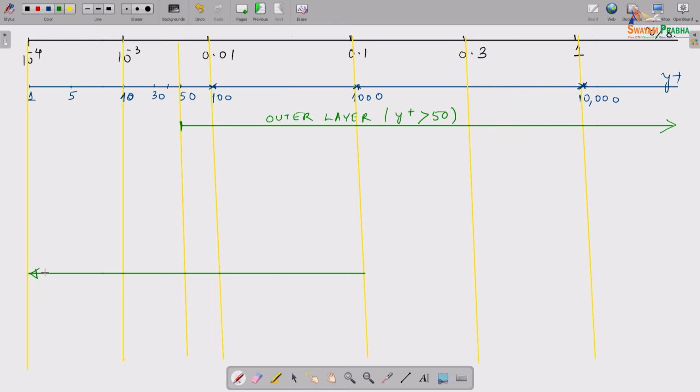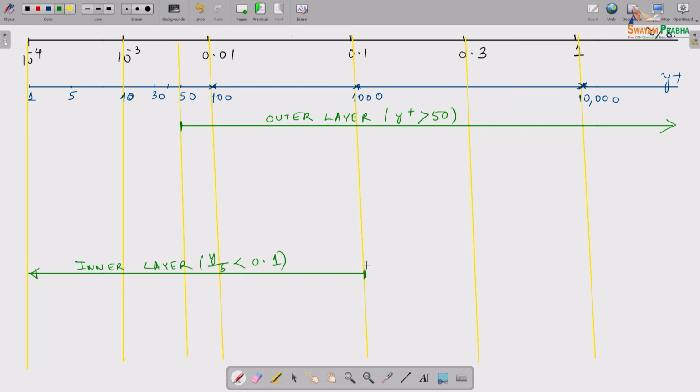This is the inner layer, where y by delta is less than 0.1. So this is what I'm looking at.